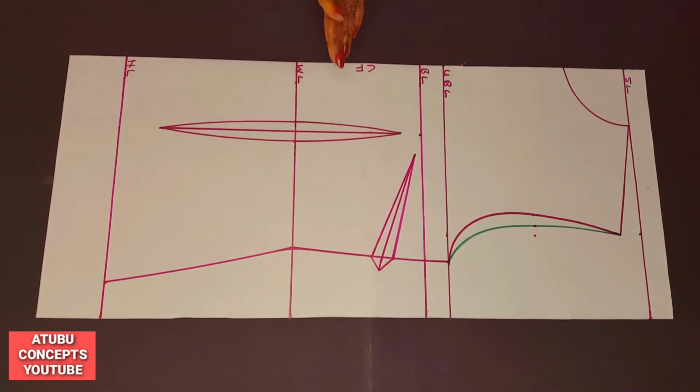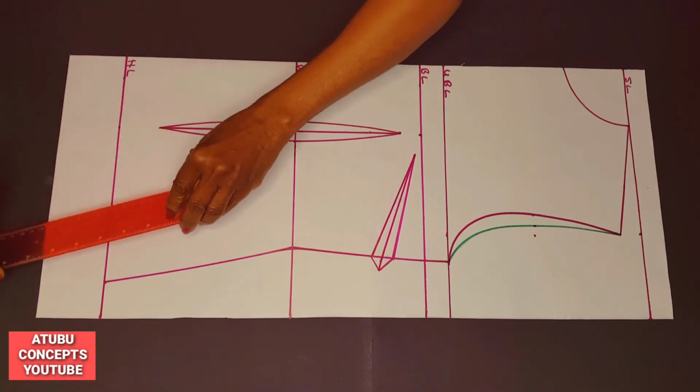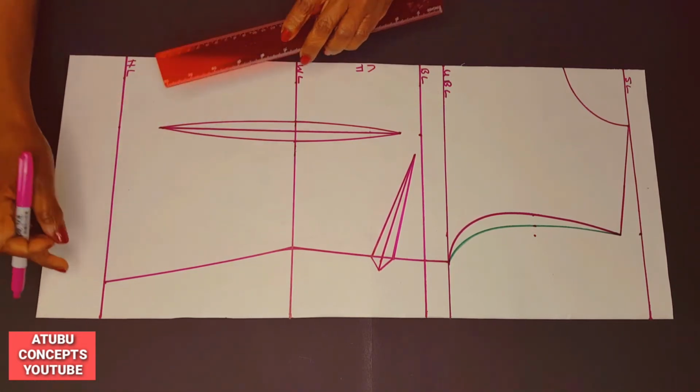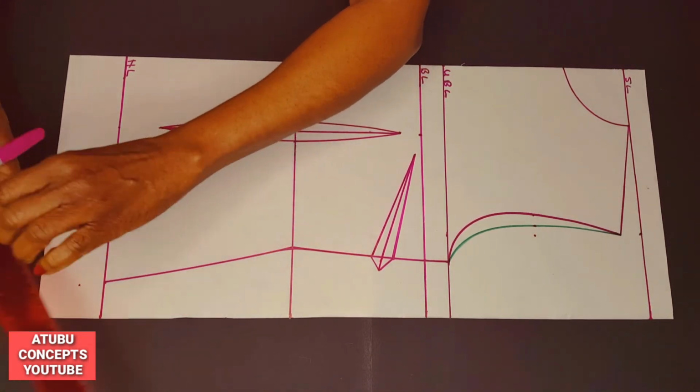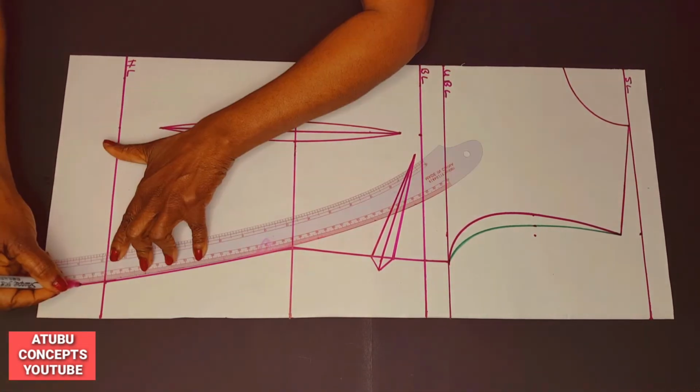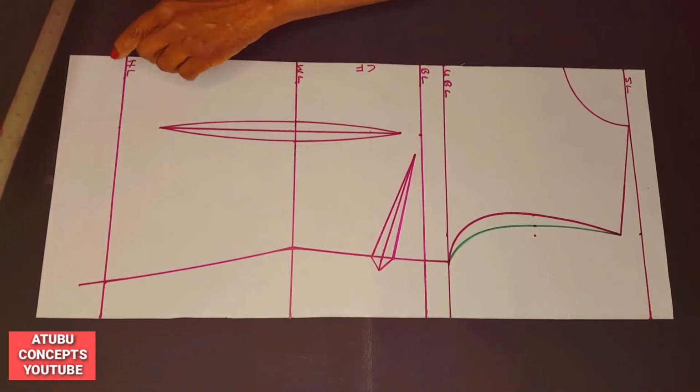If you don't bring it back, at the end you create your garment with your block. Instead of the garment to fall straight like this, it's going to go like this. So how do you bring it back? You add 1 inch at the bottom, like that. Connect this point to this point. Connect this point to this center point here.